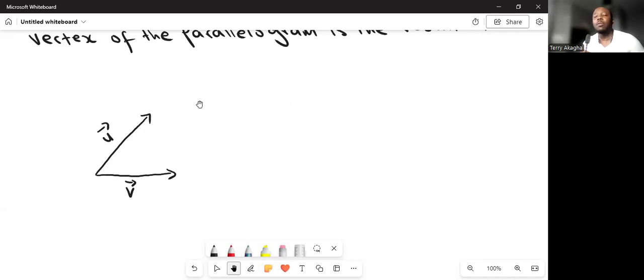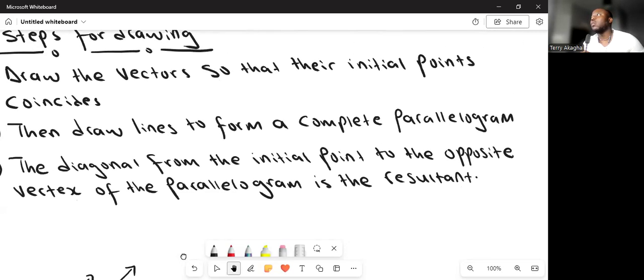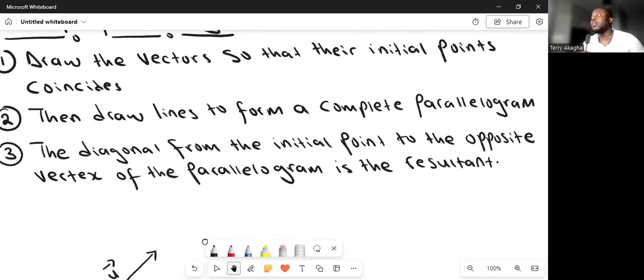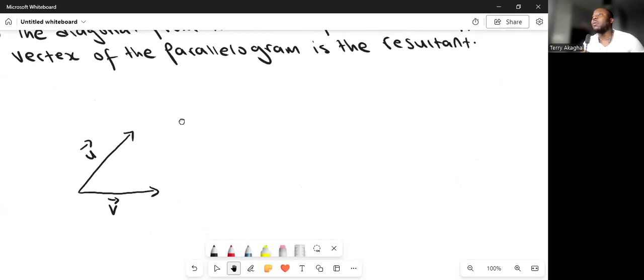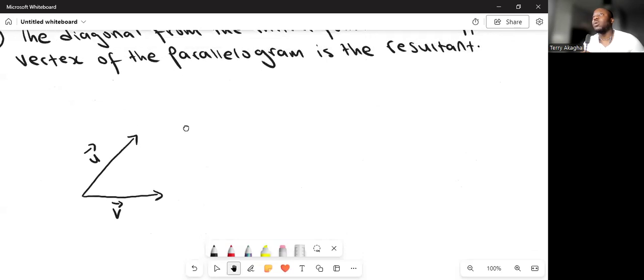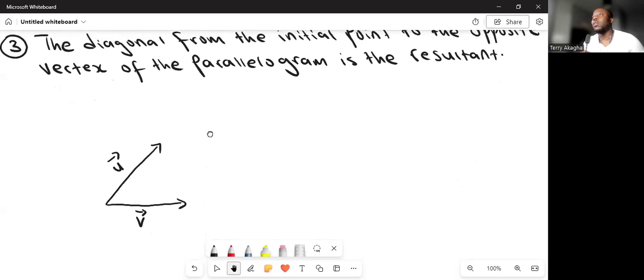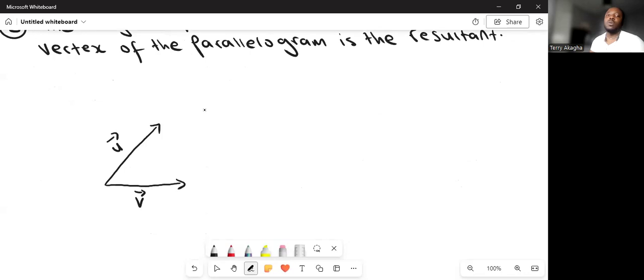They have to have the same initial point. Then you now have to draw lines to form a complete parallelogram, step 2. So we're going to draw lines to complete it. So you have something like this. So this is this one, then this is going to be this one here.